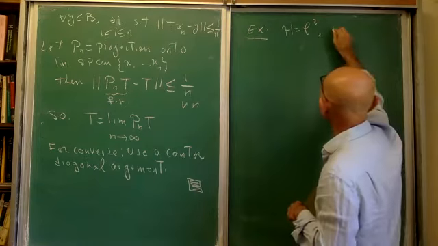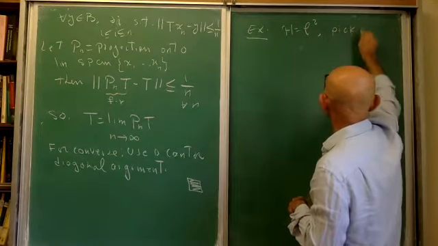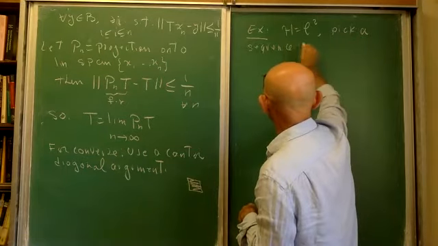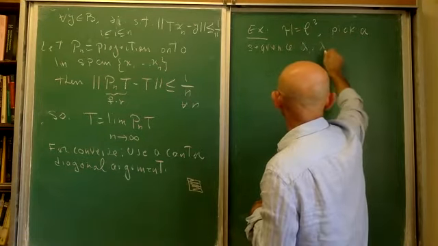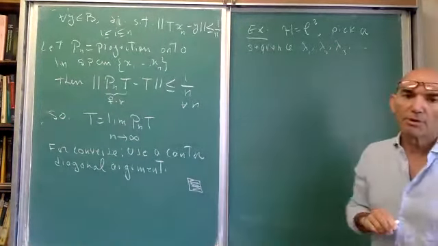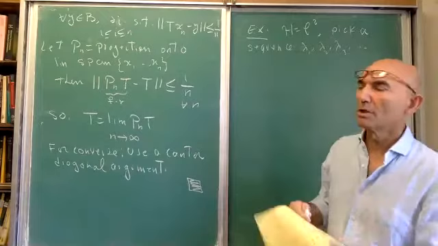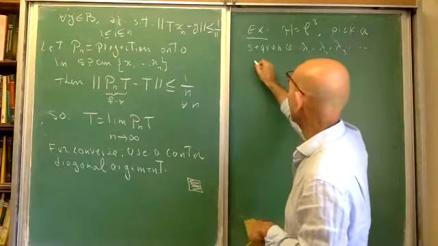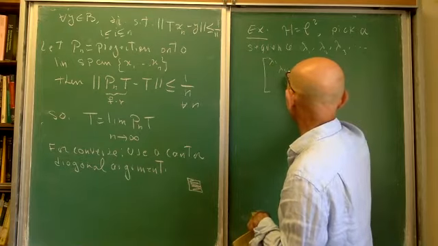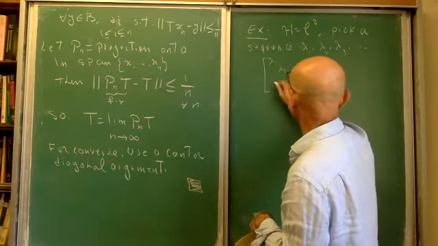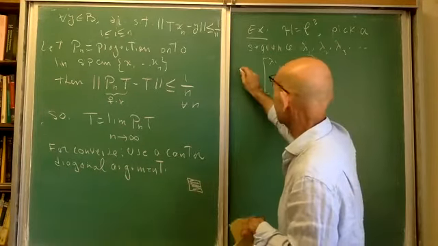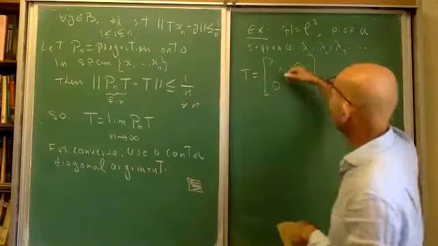Let's pick a sequence of complex numbers, lambda 1, lambda 2, lambda 3, and so on. Then you can define a formal linear operator by this diagonal matrix, lambda 1, lambda 2, lambda 3, and so on, and 0 elsewhere. It's a notation.